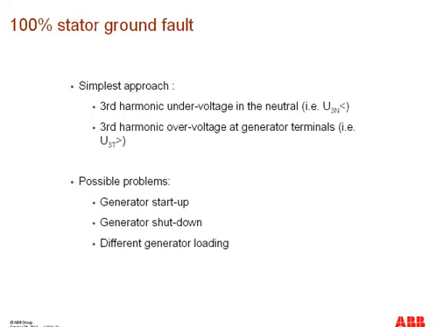So the simplest approach would be that we not only detect an undervoltage condition for the third harmonic voltage, but also an overvoltage condition, to be on the safe side.